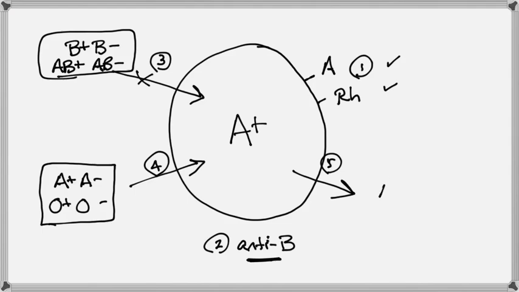They must have the A and the Rh antigen. Well, what 2 blood types have both the A and the Rh? A positive and AB positive. So a person with A positive blood can donate to the individuals who have A positive and AB positive blood.